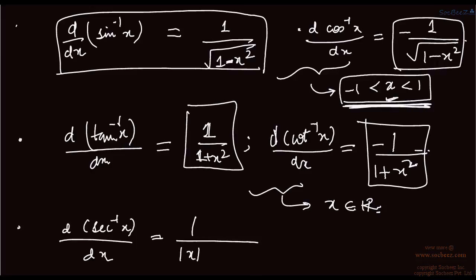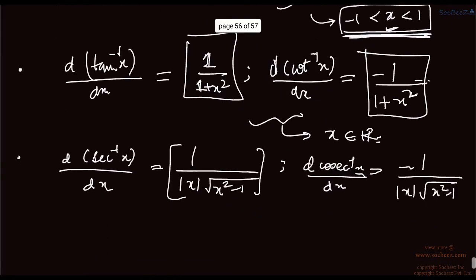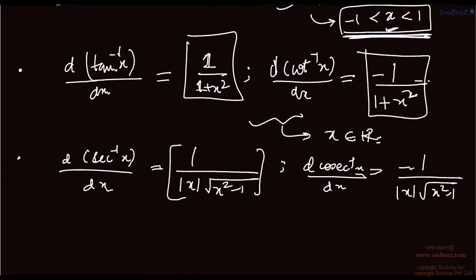Now d of sec inverse x upon dx will be, you have to remember these formulas, 1 upon mod x root of x square minus 1, and d of cosec inverse x upon dx is minus 1 upon mod x root of x square minus 1, just the minus of this thing. Now, when is this true?